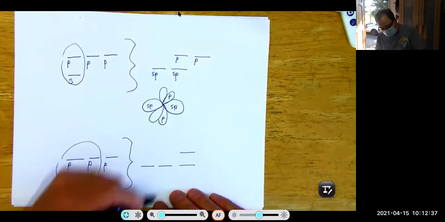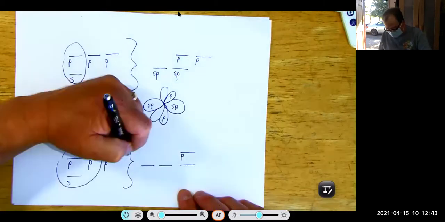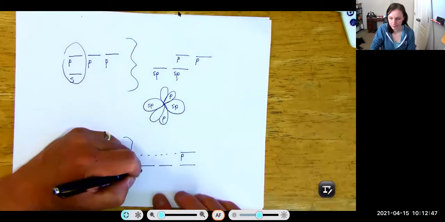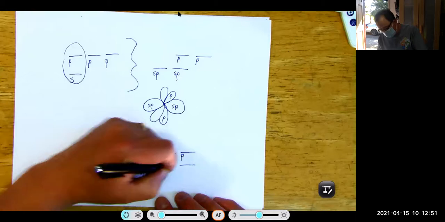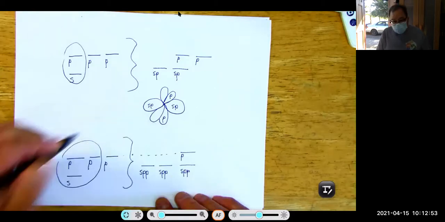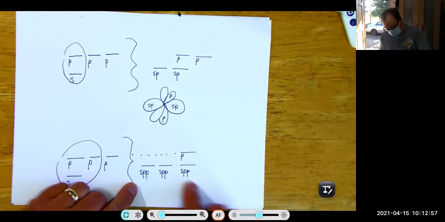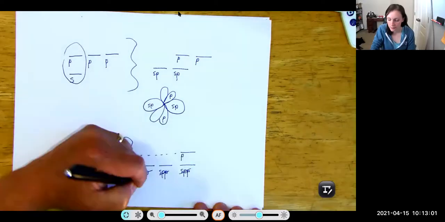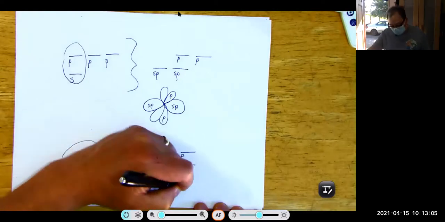One of your p's is left over. Same, should be about the same level, right? Yeah. And these are called sp p because you're hybridizing one s and two p's. Now we don't write it this way. How do we write it? sp2. That's the reason why we say sp2.